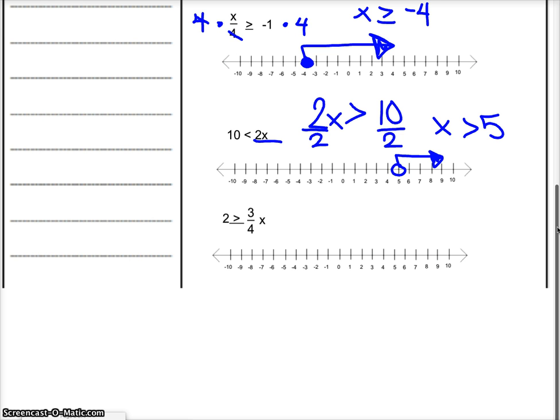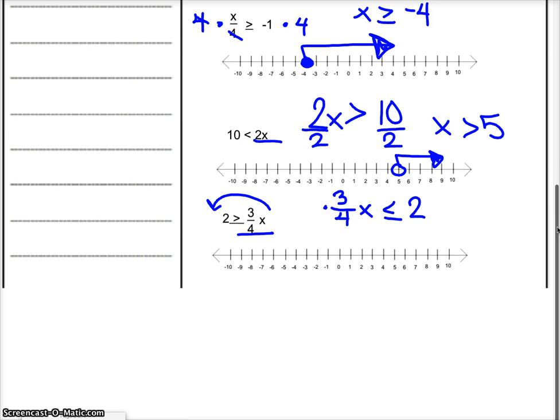Again, first thing, I need to move this to the left-hand side. So I have 3/4 x. What's facing it? Point or open mouth? Remember what to do. Let's get rid of that bottom number.